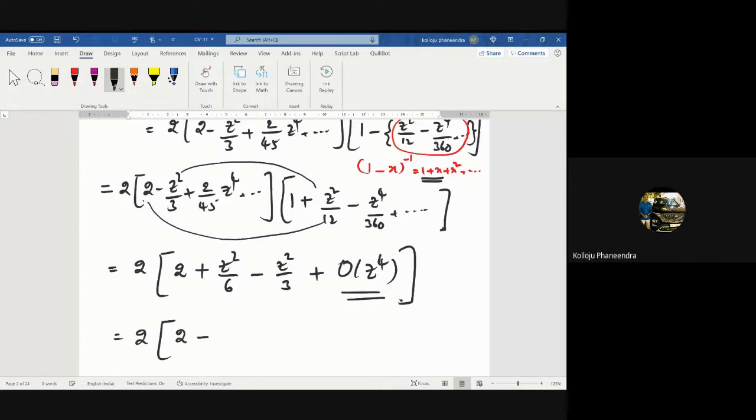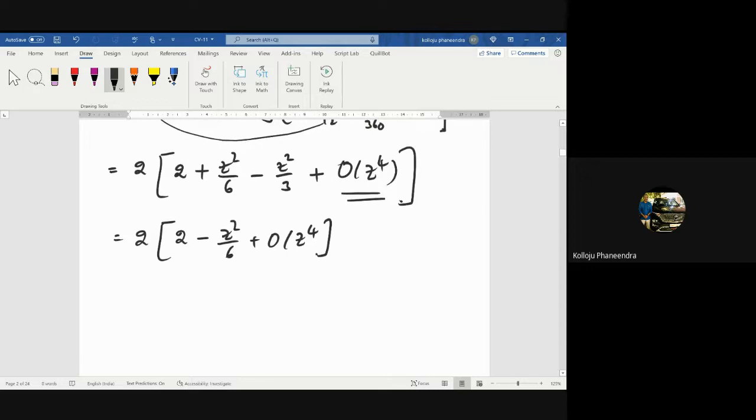So 6 LCM, minus z square by 6, you will get plus order of z power 4. Therefore, what is the expansion? F of z equal to 4 minus z square by 3 plus order of z power 4 is the Taylor series expansion.